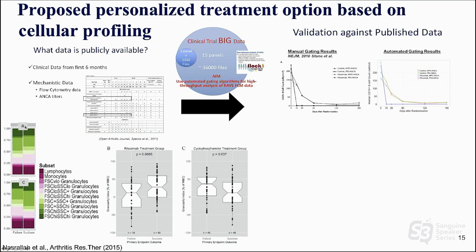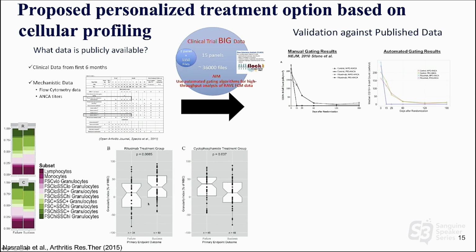hypergranulated. Now if you look at the rituximab group and the cyclophosphamide group, in the rituximab group, on the x-axis, those who achieved complete remission have low granularity, meaning hypogranulated, versus those in the cyclophosphamide group, who were more on the hypergranulated side.